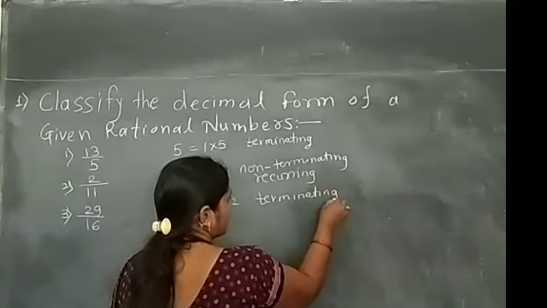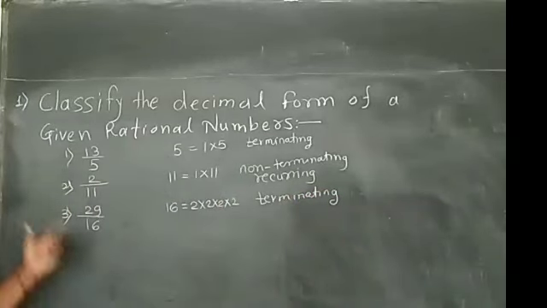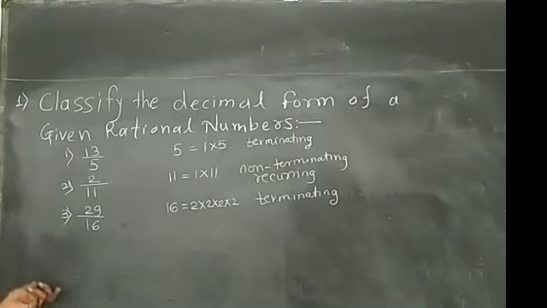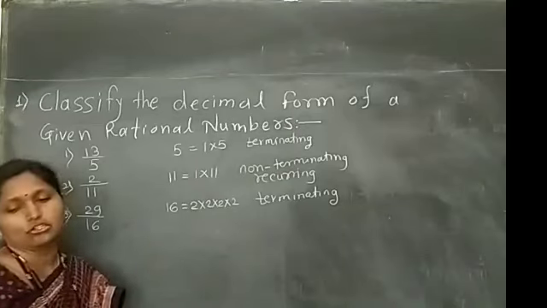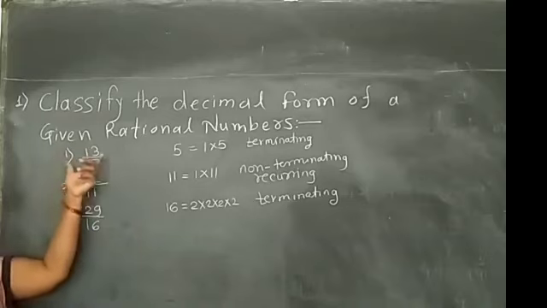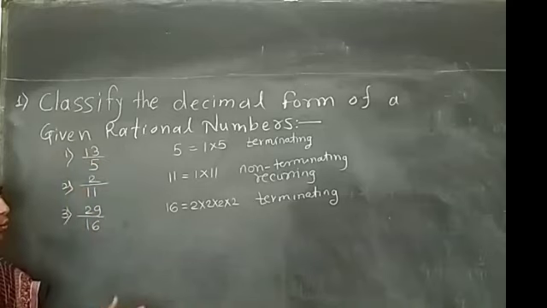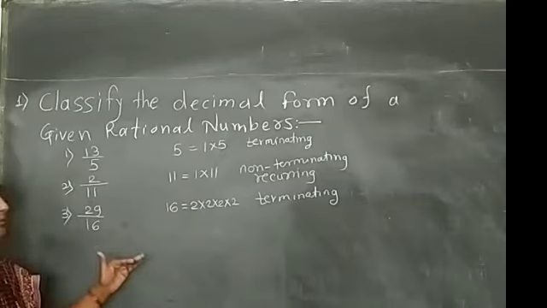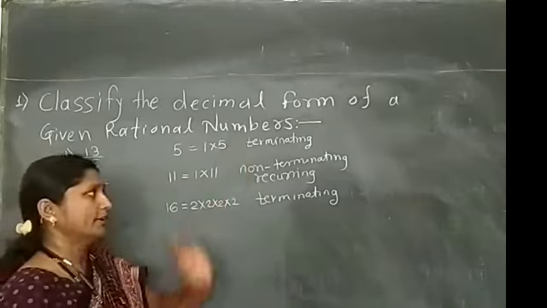Look at this question. We decide or classify whether the decimal form is terminating or non-terminating recurring. We could first divide and then give the answer, but to save time, we use one trick. If the denominator's prime factors are 2 or 5, or both 2 and 5, then the decimal form of the rational number is terminating.